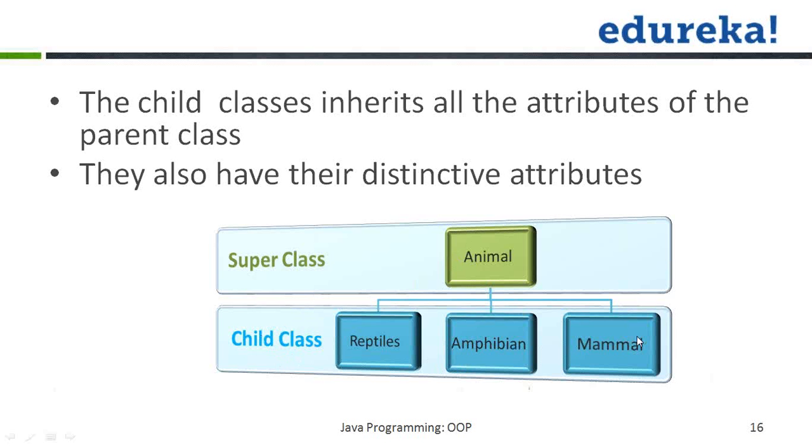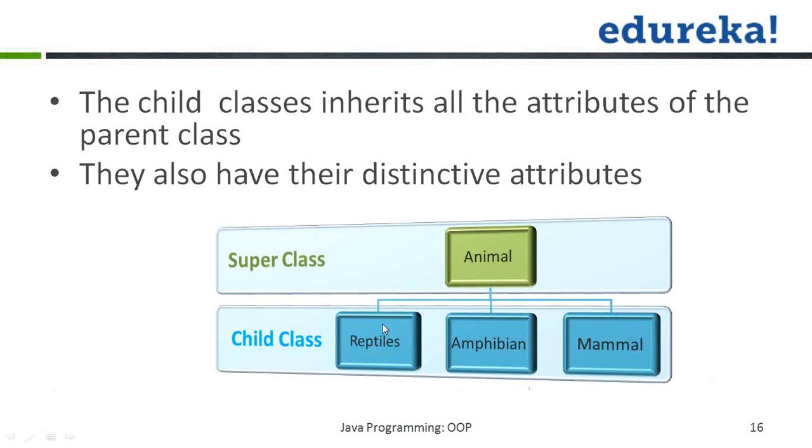They are extending the animal class: reptile extends animal, amphibian extends animal, and mammal extends animal. That means animal is a general category, and reptiles, amphibians, and mammals are all kinds of animals.